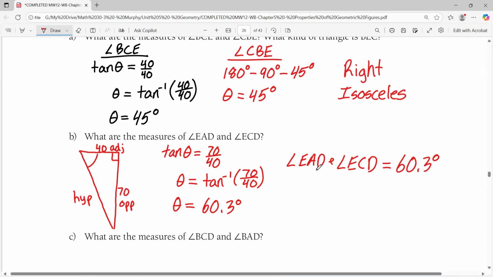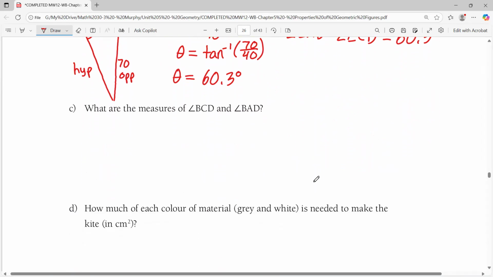Okay. So what they mean is B, A, C, and D. So B, C, D, B to C to D, this one, and B to A to D, this one. Okay.